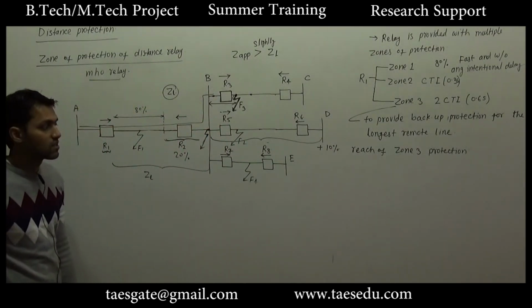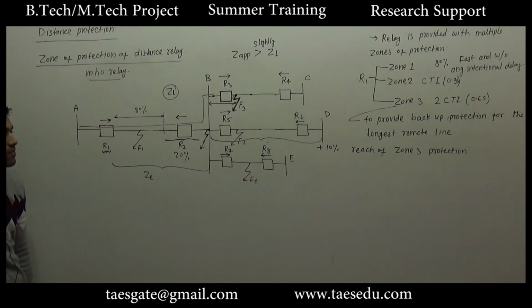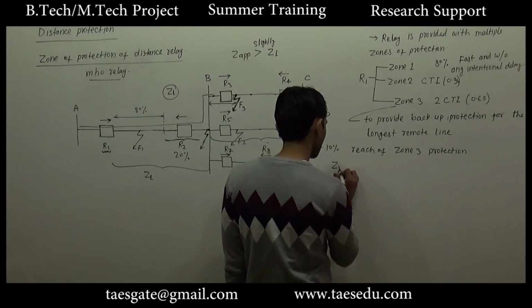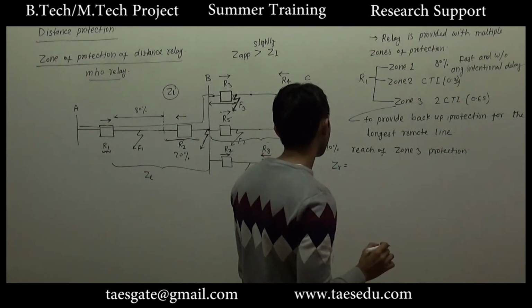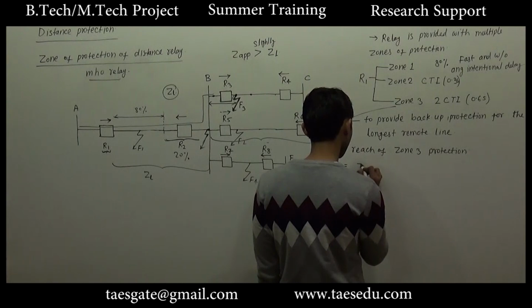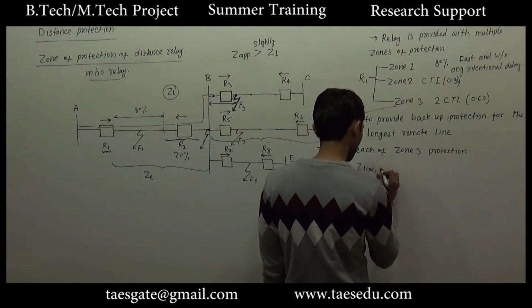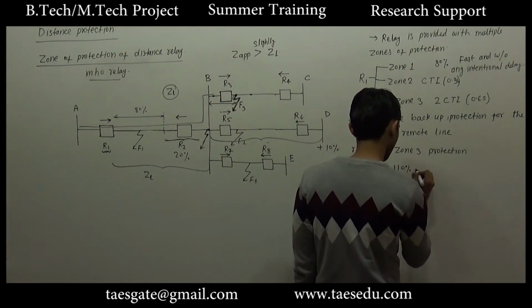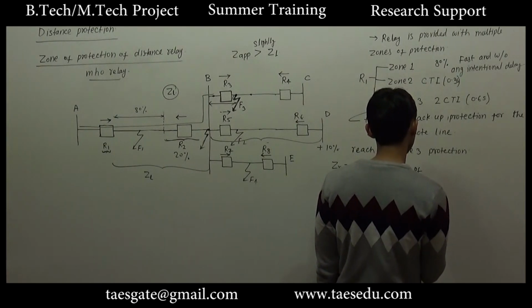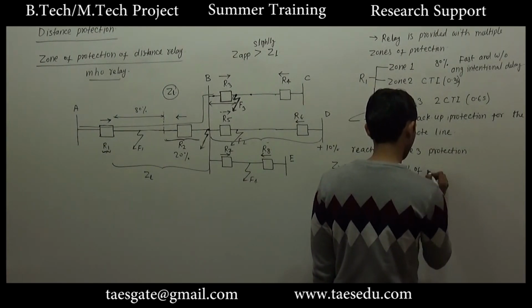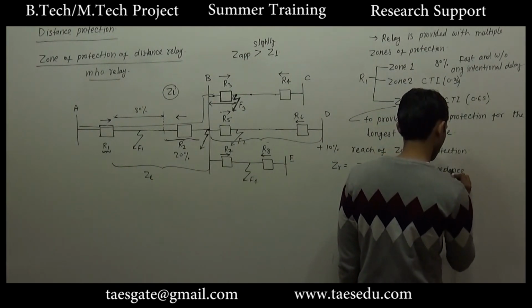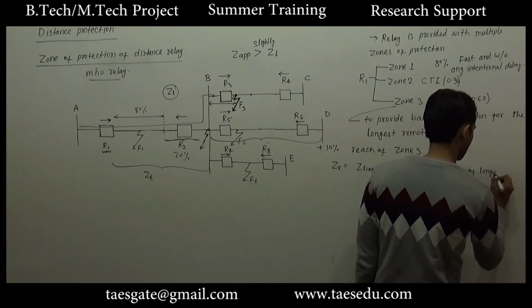As we took 20% margin in the previous case, in this case also we will have to take 10% margin. So the reference impedance for zone 3 protection should be Z line 1 plus 110% of impedance of longest line.